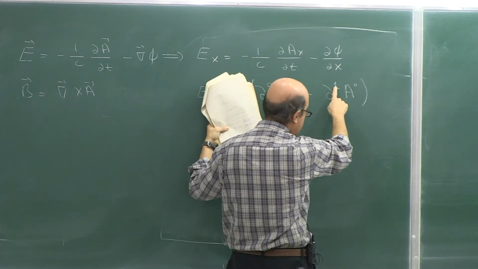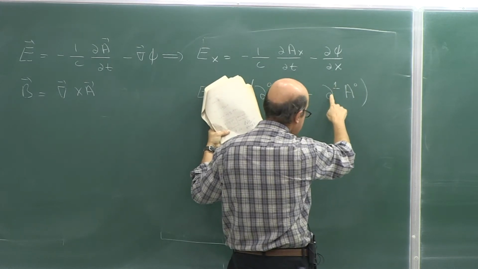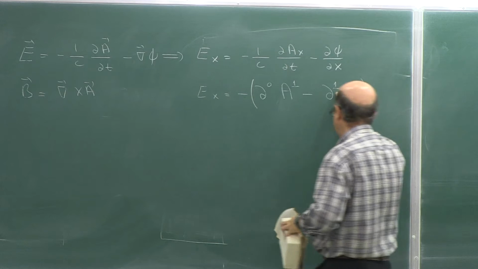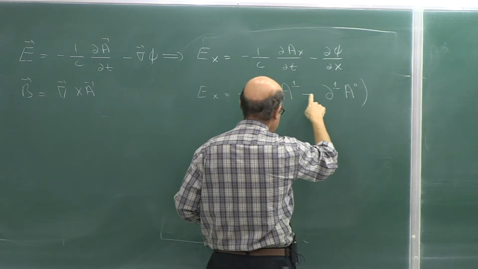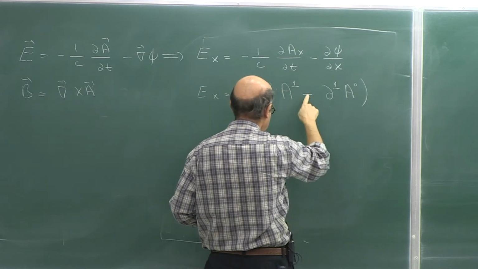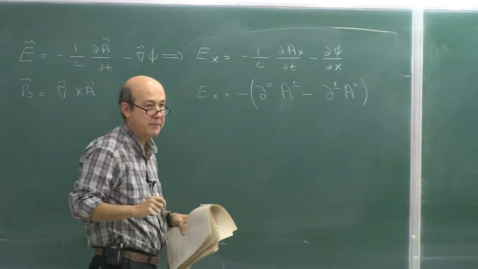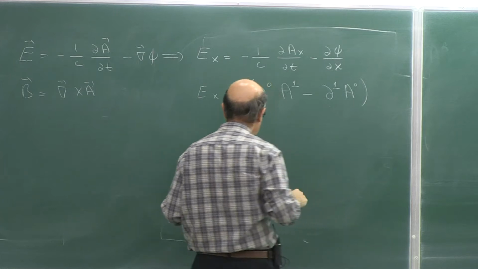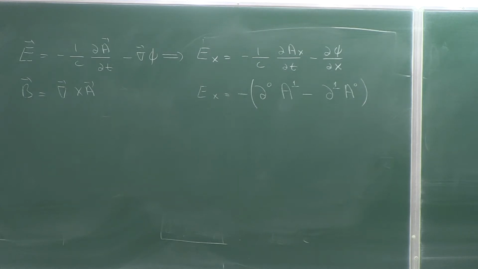Del over del 1, this is the up index, so that is contravariant, so that is nothing but negative del over del x, and A0 is positive, so minus is positive, and there is one more minus that makes this negative. So above and below are the same.